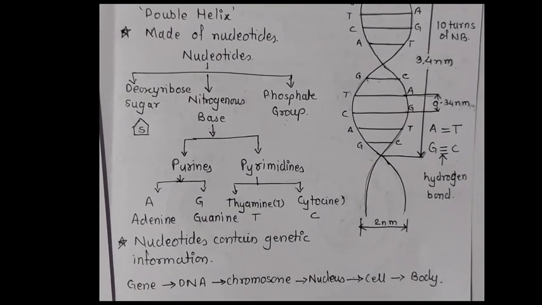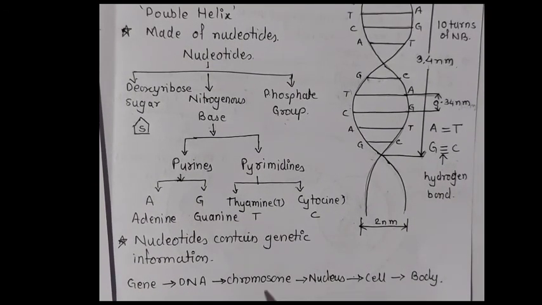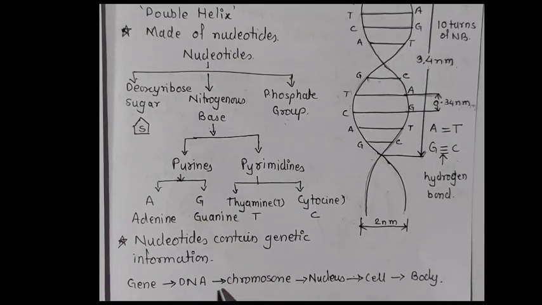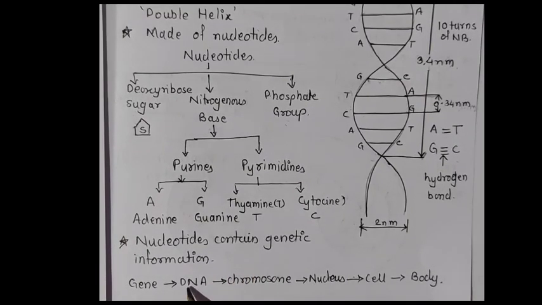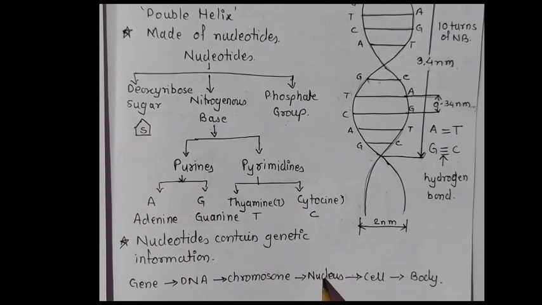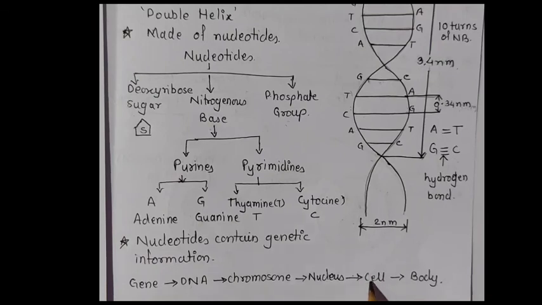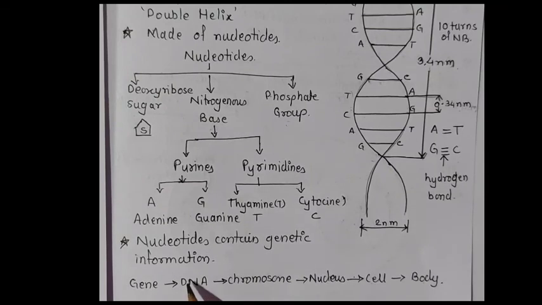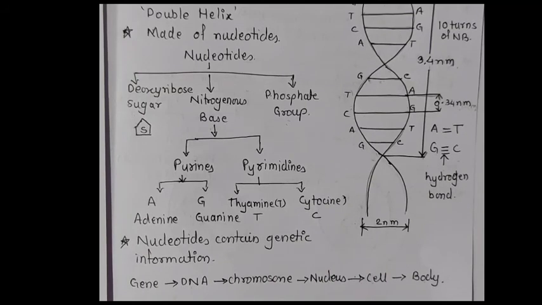Nucleotides consist of genetic information. All genes are present in DNA, DNA is present in chromosome, chromosomes are present in nucleus, nucleus is present in cell, and cell is present in body. So this gene is so important that it is totally protected by all this, and that is only responsible for transfer of characteristics from one generation to other.